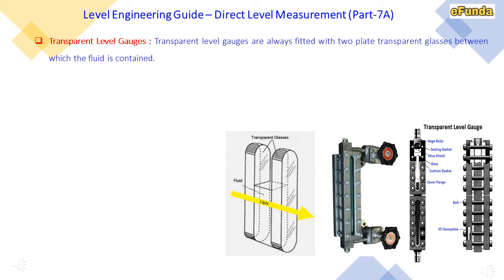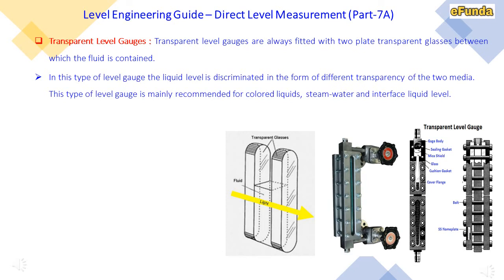The structure of the transparent glasses is also shown, and the connection of these glasses with respect to the vessel sketch. In this type of level gauge, the liquid is discriminated in the form of a different transparency of two media. This type of level gauge is mainly recommended for colored liquid, steam water and interface liquid level.